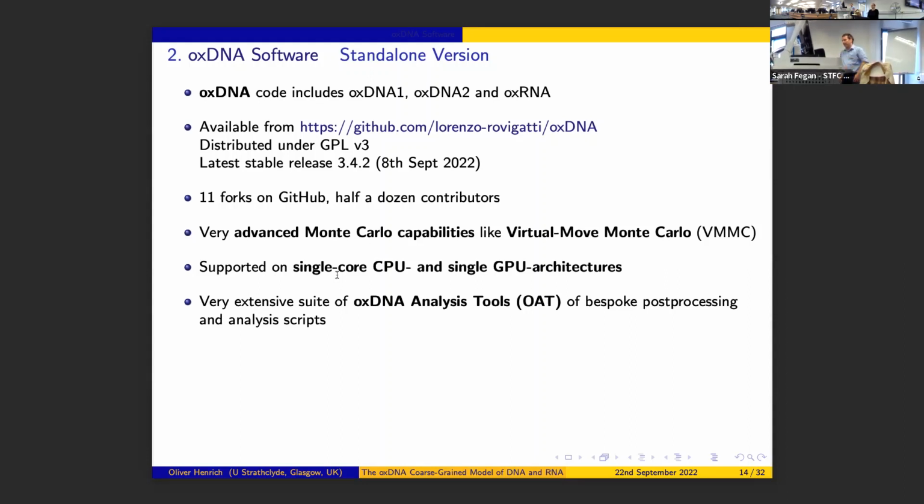The standalone code, I think, is too complex to organize anything like that. I'm rather pessimistic, but it's single core CPU. We're going to use single core CPU in the exercises, and then single GPU. And then there are these analysis tools available. They're quite handy. We'll also have a go with them.